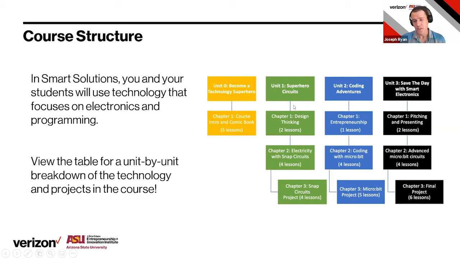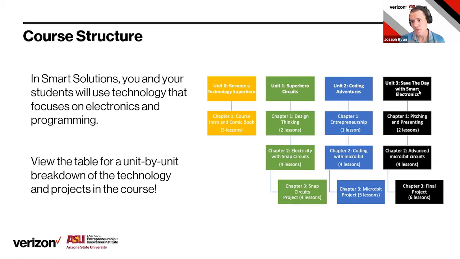Unit 1 is the first tech unit. They'll learn about design thinking, basic circuits using their snap circuits kits, and then they'll complete their first project. In unit 2, they'll learn about entrepreneurship, coding with the micro:bit, and then they'll do another project that involves using the micro:bit to create a wearable.